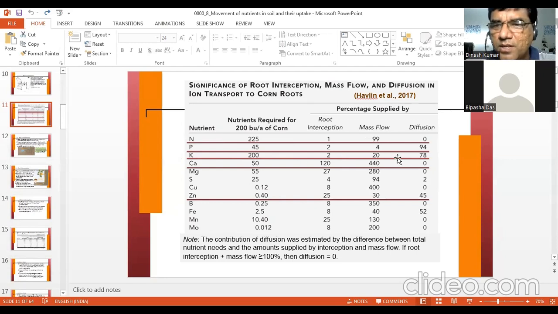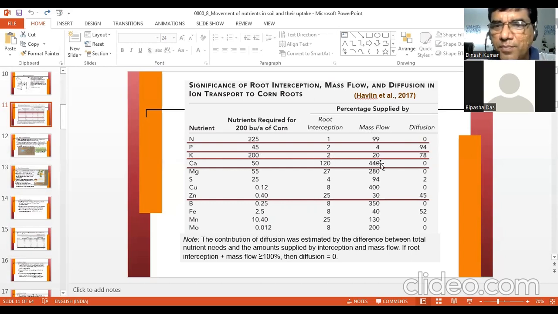Coming to phosphorus, almost 94% is transported by diffusion. For phosphorus, it is mostly diffusion, and only 4% by mass flow and 2% by root interception.